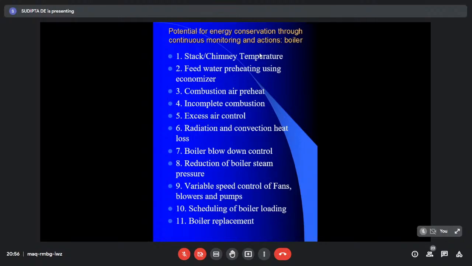Similarly, presence of carbon in ash sample also indicates incomplete combustion.